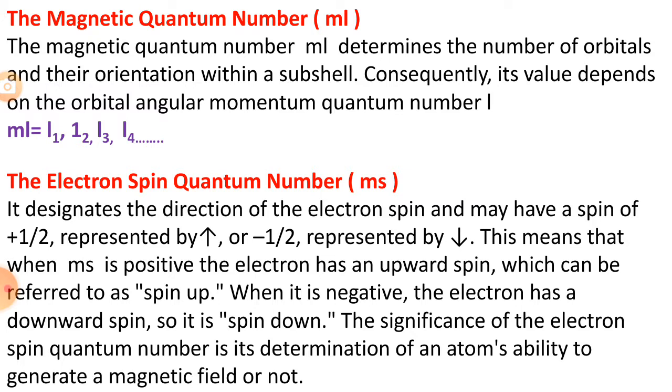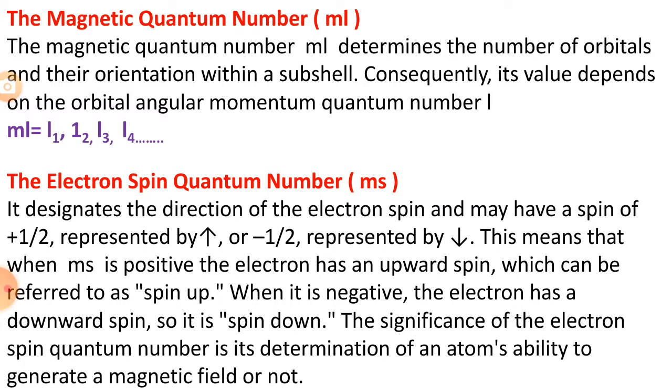When ms, the spin quantum number, is positive, the electron has an upward spin, referred to as spin up. When it is negative, minus 1 by 2, the electron has a downward spin, so it is spin down.